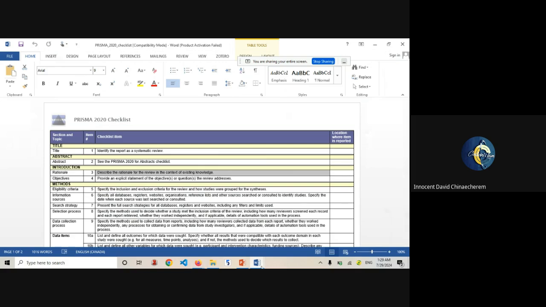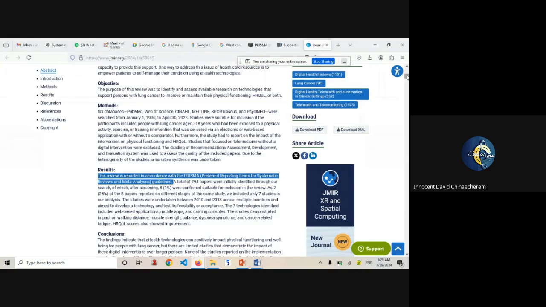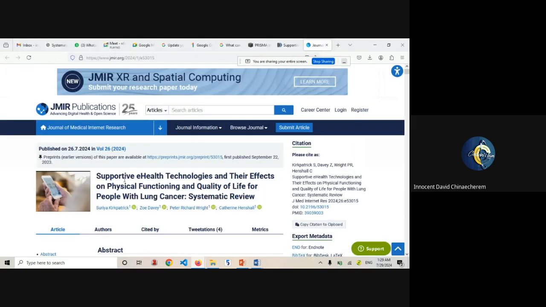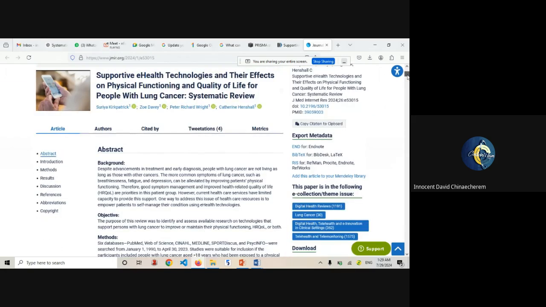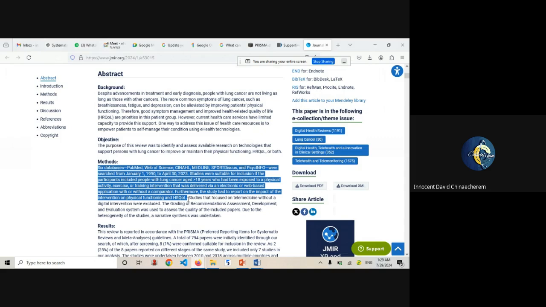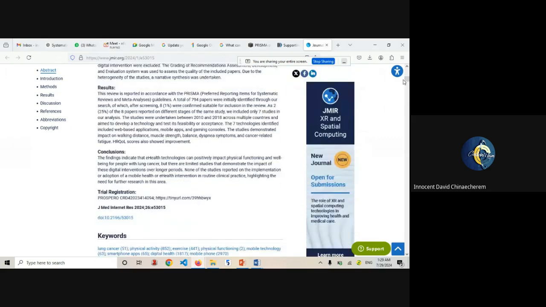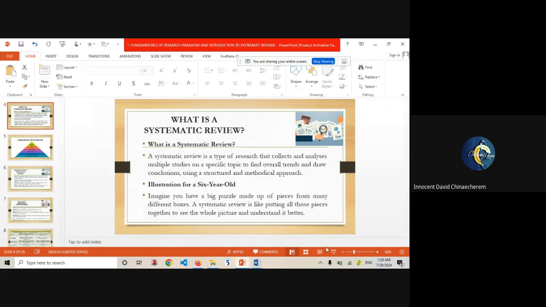So it means that if somebody picks up this topic and starts working on it, and I follow this same eligibility criteria that was put out here in the methodology, right? So it means that I am going to get the same result and conclusion just like this person's, right? So this is just the basic form of explaining it.